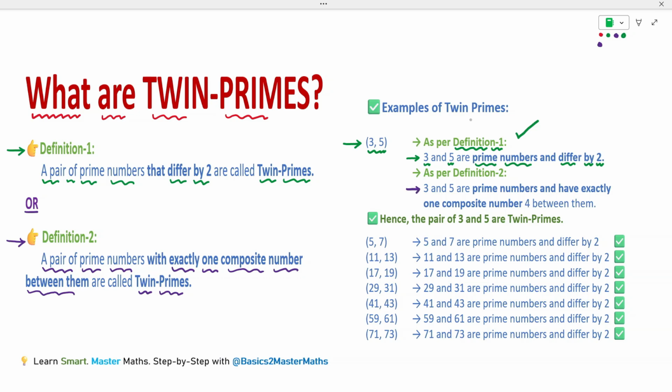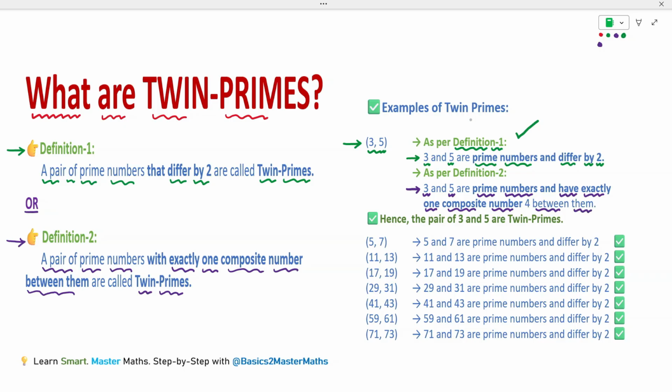Also, 3 and 5 are prime numbers and they have exactly one composite number between them.